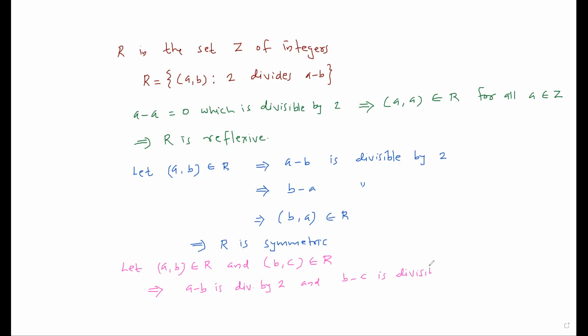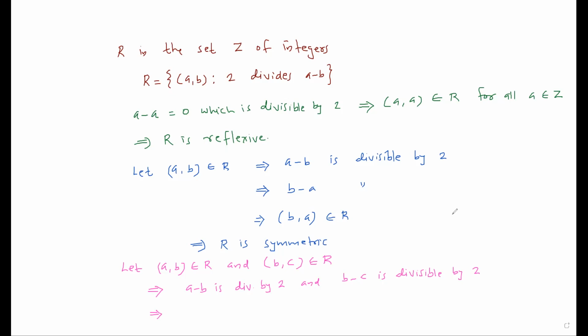Now we have to keep in mind what we have to prove. We have to prove that a minus c is divisible by 2. So how can we prove that from this step? The thing we have to prove should be in our mind.